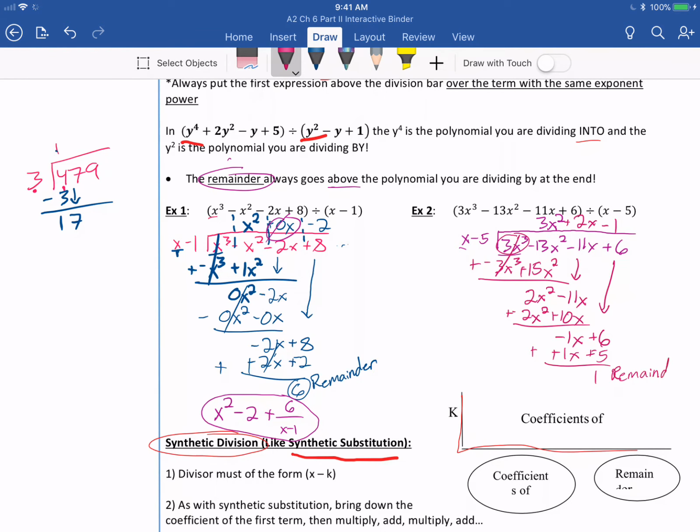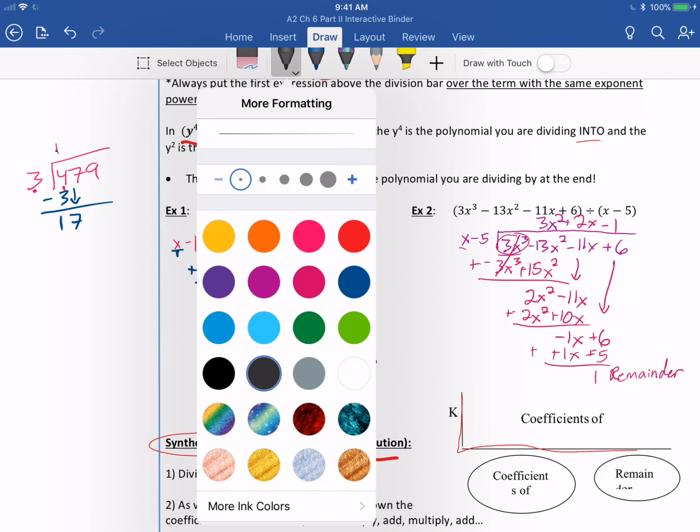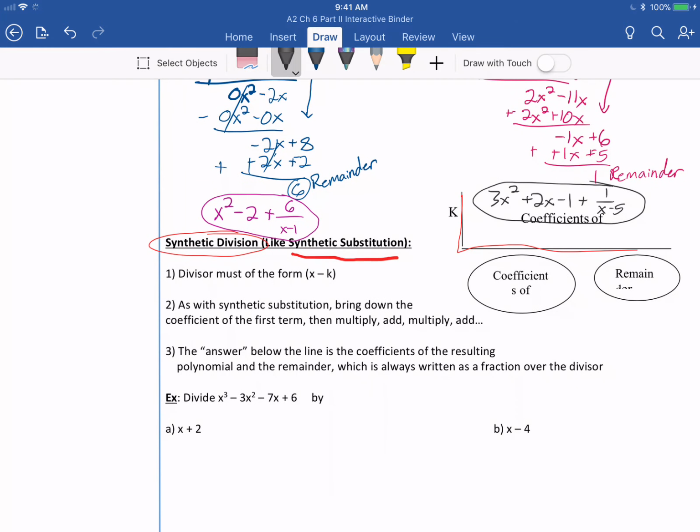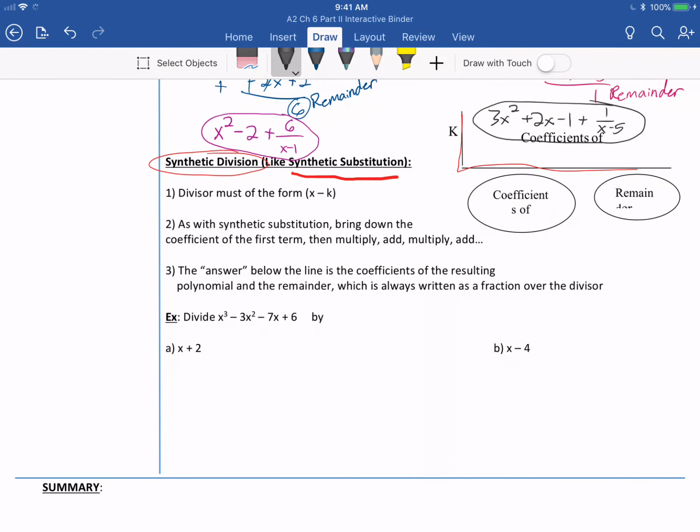All right. So my answer, as I find my answer here, is going to be 3x squared plus 2x minus 1 plus 1 over x minus 5. So that is my answer. Always put that remainder over what you divided by.